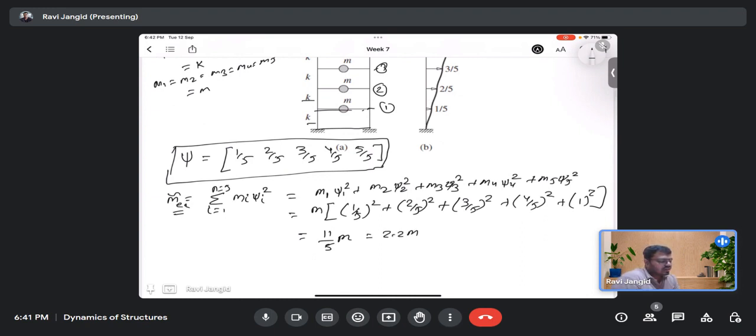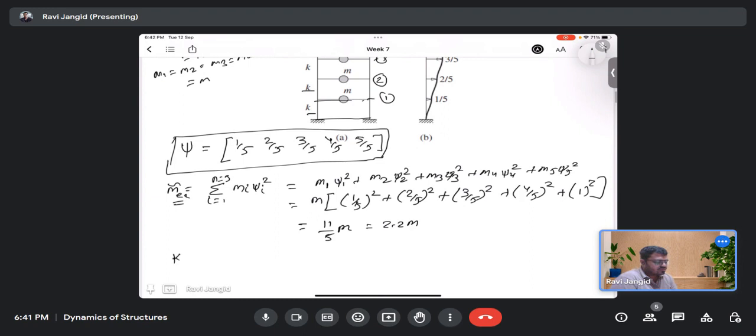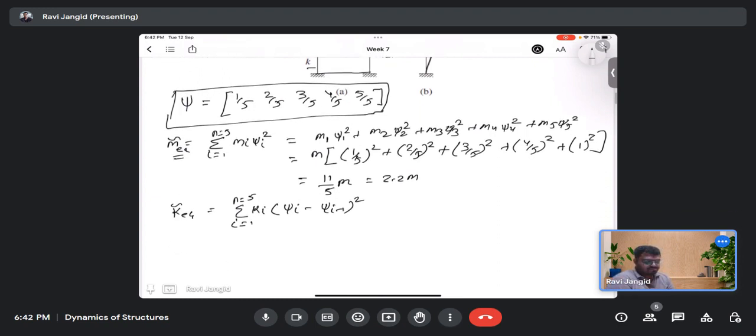Okay, similarly, can I find out the k stiffness? That is found as a summation of i equal to 1 to n of ki into psi i minus psi i minus 1 square. So can you do that? For this, let us simplify.